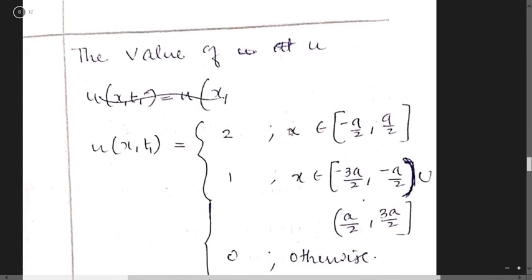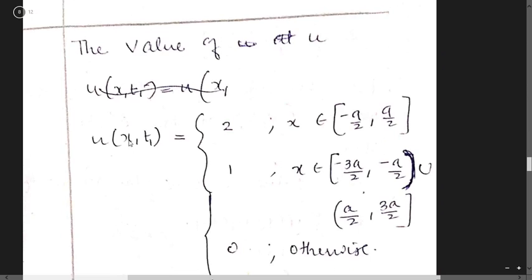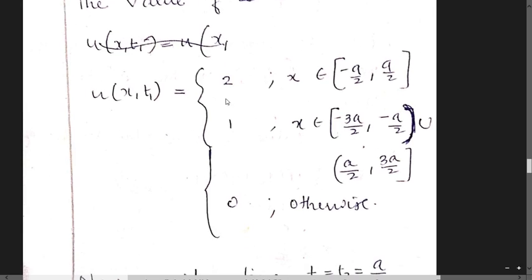Next the value of u at t1 we have to find, that is u of x comma t1 is equal to 2 if x belongs to minus a by 2 to a by 2.